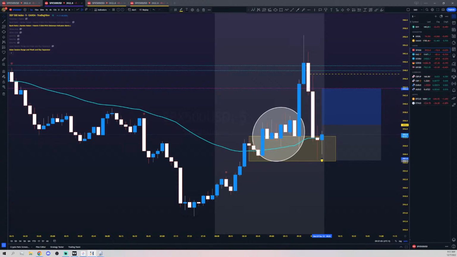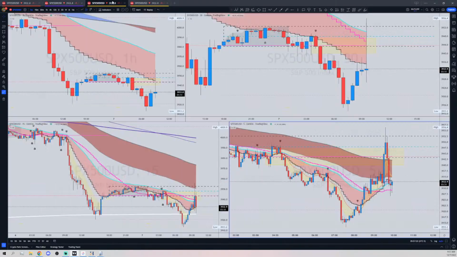Now I actually like this. This buy actually looks very nice in comparison to the sells that I've been trying to take. Alright, I got it set up. Let's look at it.